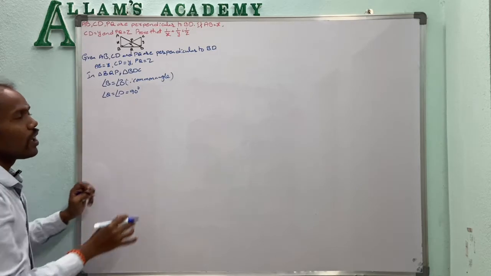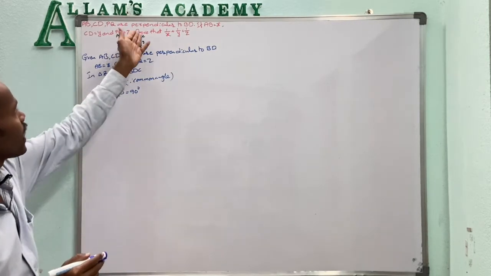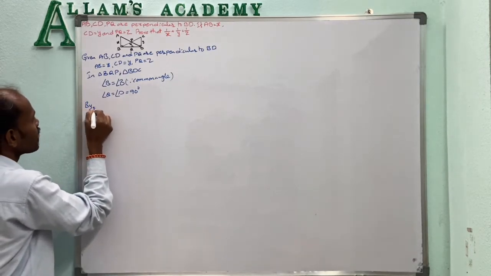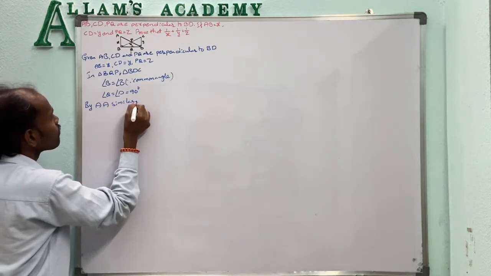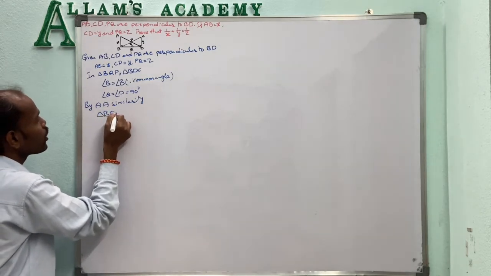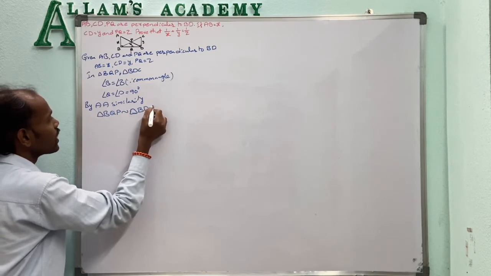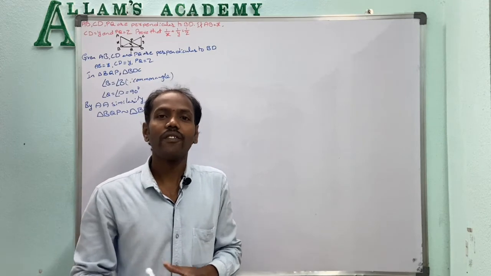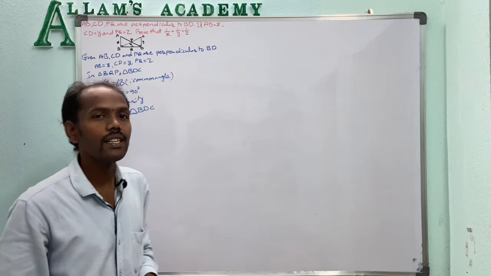So two corresponding angles are equal, which means the third remaining angle is also equal. So by AA similarity, we can say triangle BQP is similar to triangle BDC.